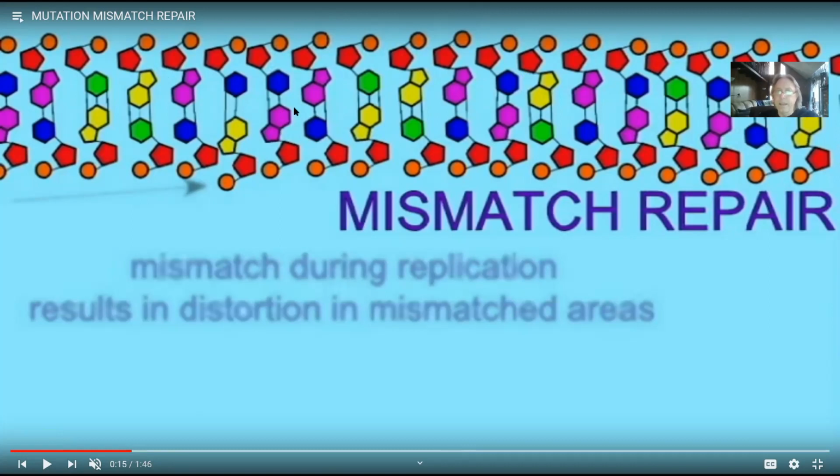Because if DNA used uracil, then there could be a fairly common change where cytosine could become uracil and thus would not be methylated, and thus you would have a lesser ability to perform mismatch repair.